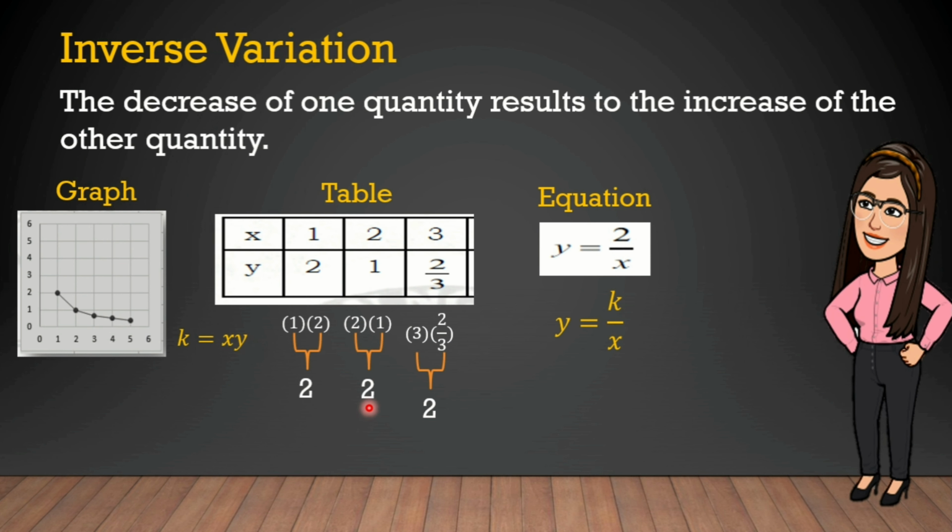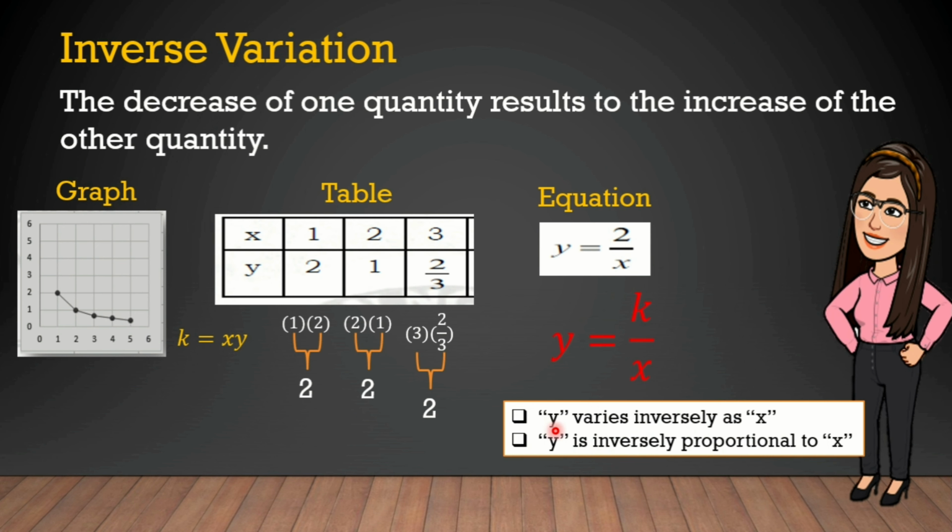Tapos, sinubstitute lang natin ito dito sa formula, kaya nakuha natin yung equation of variation na y is equals to 2 over x. So, yung y is equals to k over x can be read as y varies inversely as x or y is inversely proportional to x. So, eto yung translation niya sa statement na to.